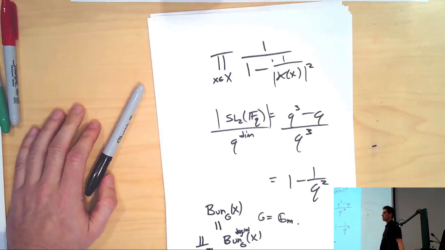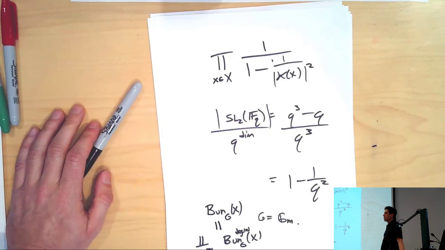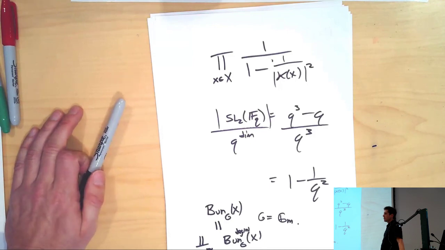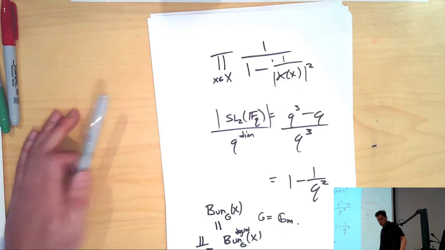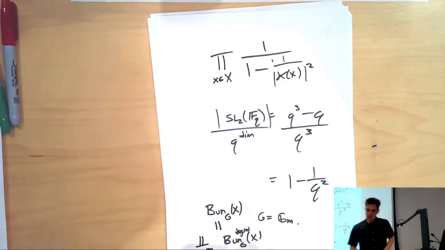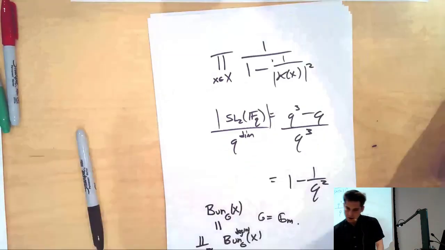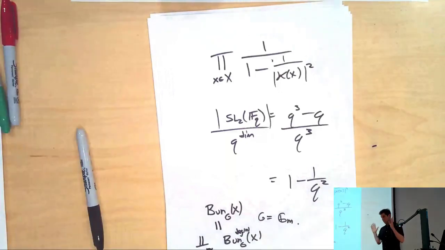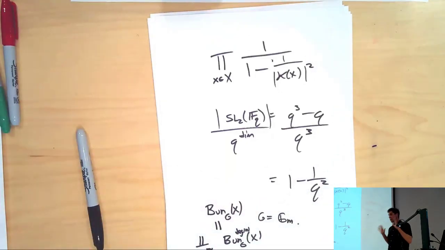If you look at a smooth covering of Bun_G, I think it admits a smooth covering by a scheme. So if you look at the Grothendieck trace formula for the scheme and the trace formula for the stack, is there a relation? Yeah, so I mentioned that it is a theorem of Gaitsgory and Lurie that the Grothendieck-Lefschetz trace formula is true for Bun_G. It does not follow formally from knowing it in the case of schemes, but the problem is not really that Bun_G is a stack.